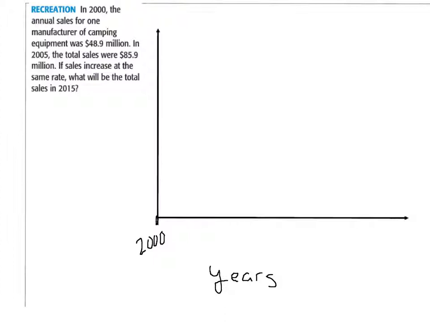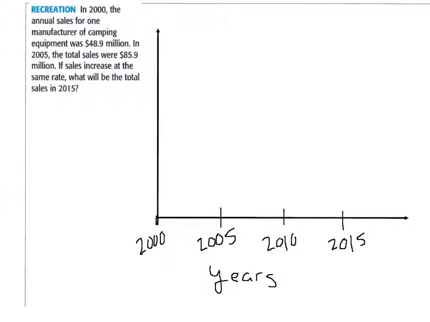Those are all multiples of 5, so we'll count by 5s. So there's 2000. Here's 2005. 2010. And then finally 2015.